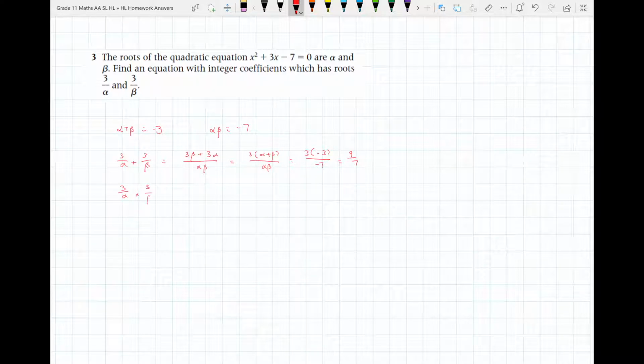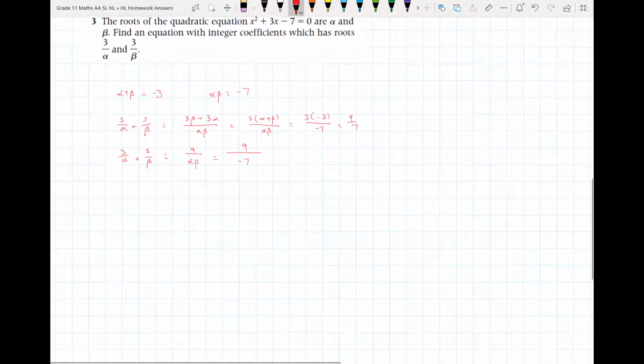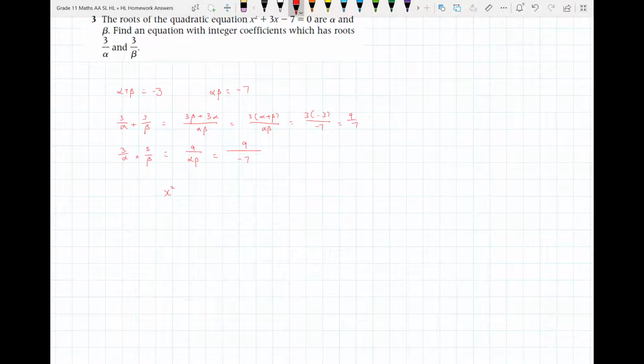And multiply them together. That's already the answer. So a possible equation will be this minus the sum and plus the product. And they want integer coefficients, so I multiply everything by 7 to get this equation.